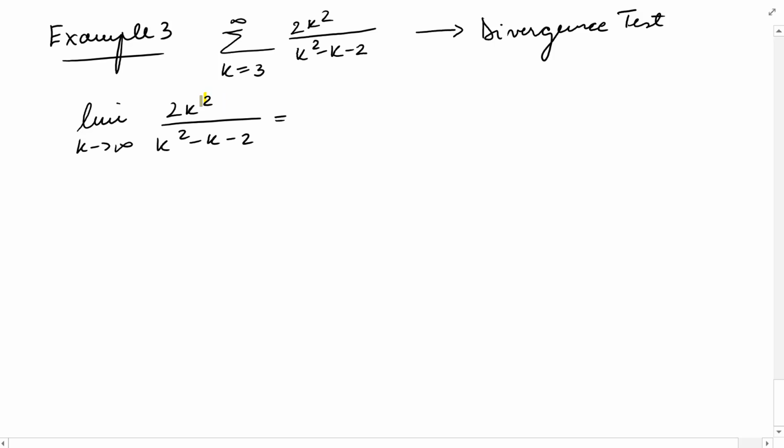Because the degree of the numerator equals the degree of the denominator, it's the leading coefficient over the leading coefficient. So it's 2. And because it is not equal to 0, the series diverges by the divergence test.